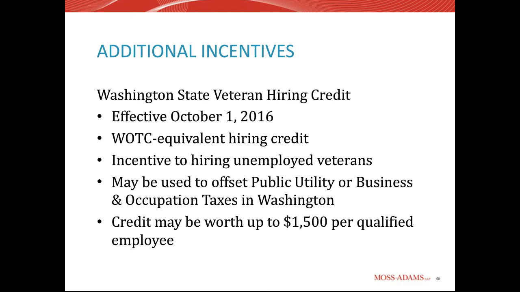It's an incentive to hire unemployed veterans specifically, and this is a one-time credit per employee that may be used to offset public utility or business and occupation taxes in Washington. The credit may be worth up to $1,500 per qualified employee, and like the other credits we talked about, it's based on a percentage of the qualified employee's gross wages.